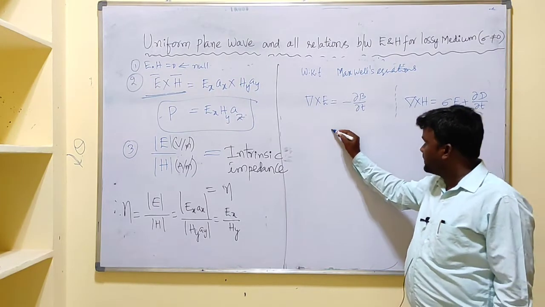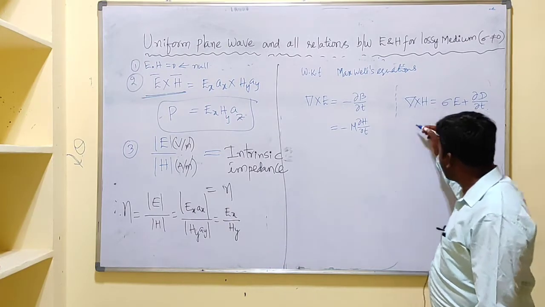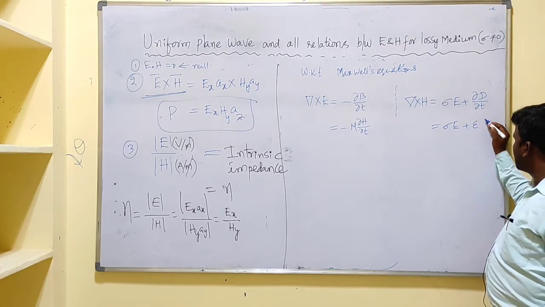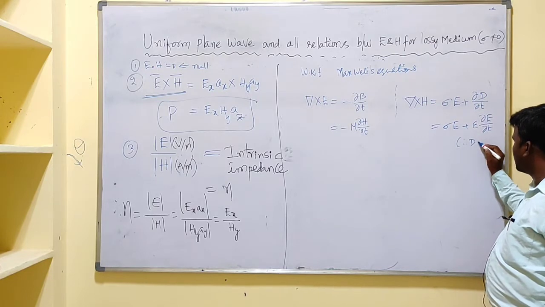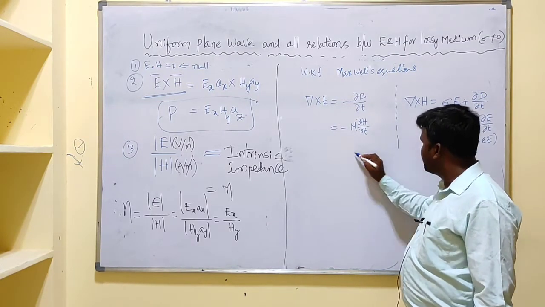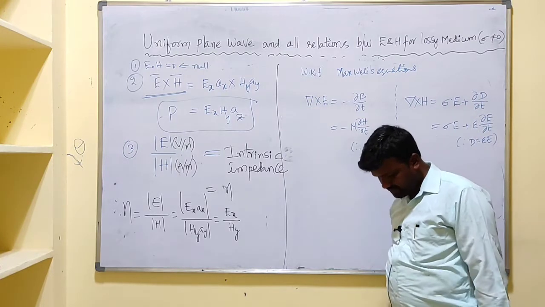This can be written as minus mu into dou H by dou t, and sigma into E plus epsilon dou E by dou t. Here D equals epsilon into E, and B equals mu into H.